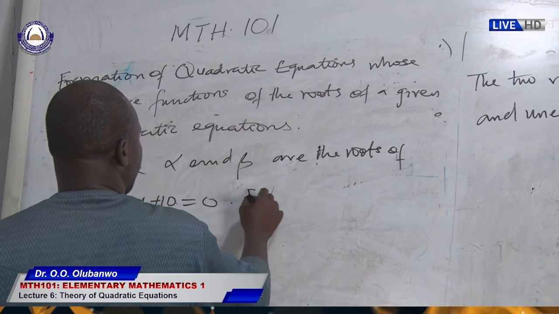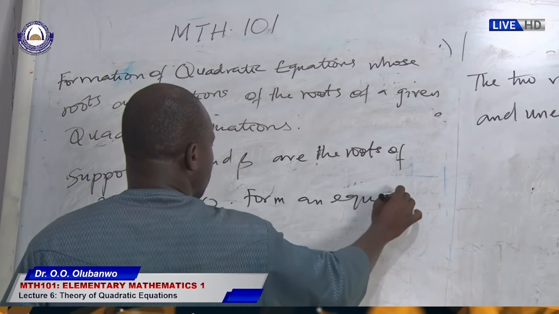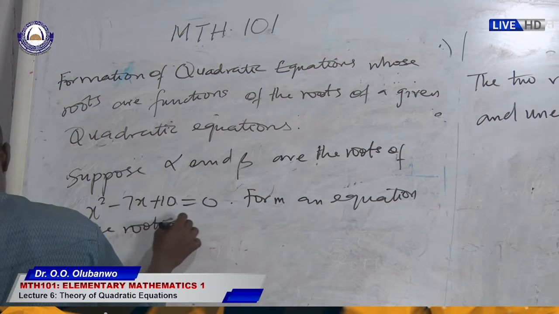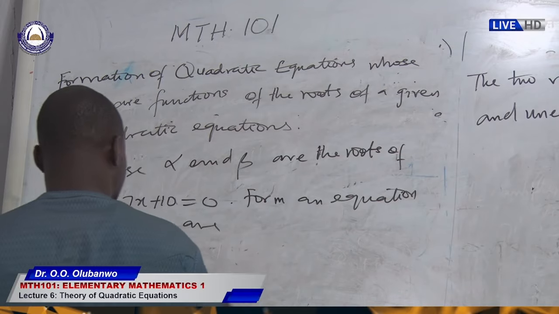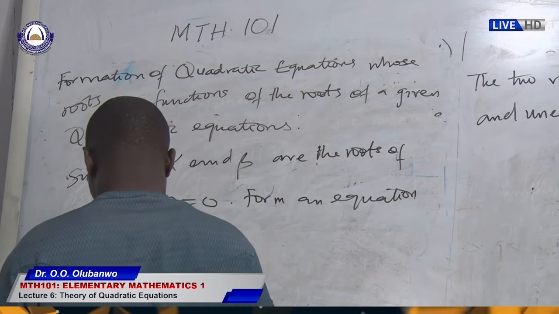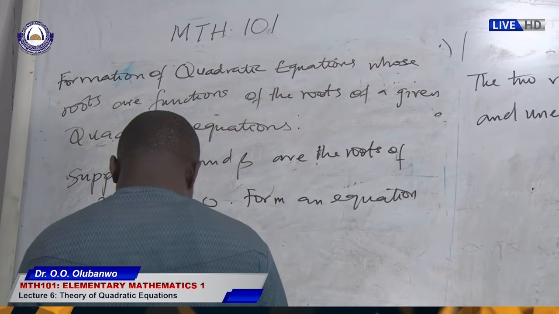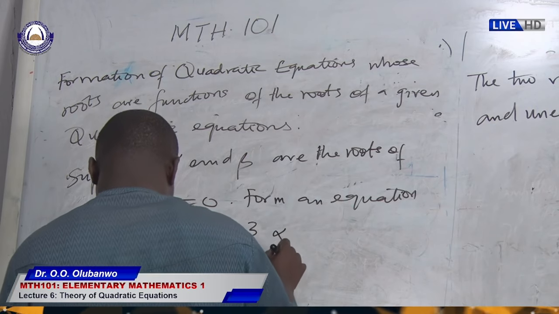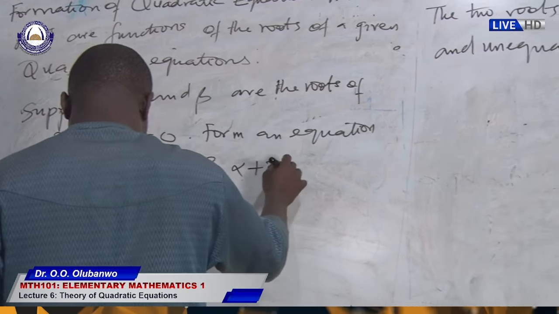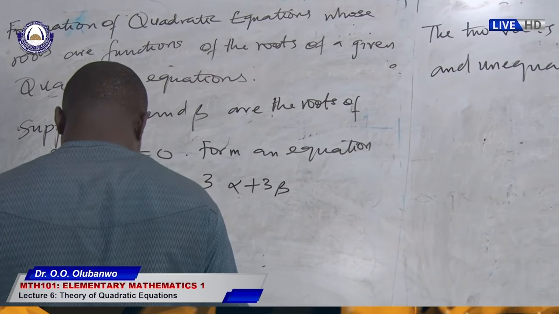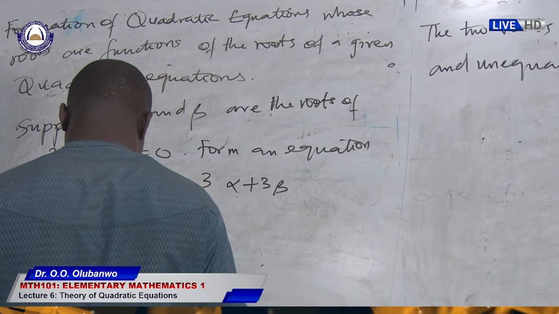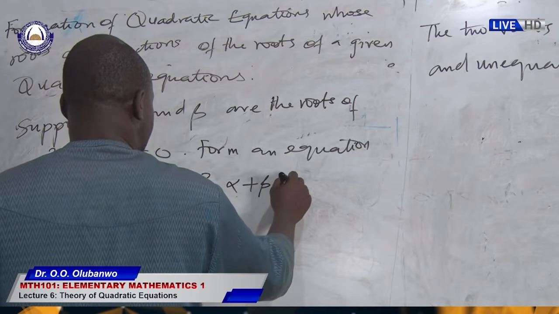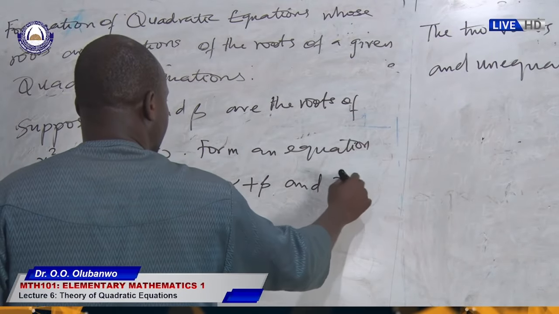Form an equation whose roots are 3 alpha plus beta and 3 beta plus alpha.